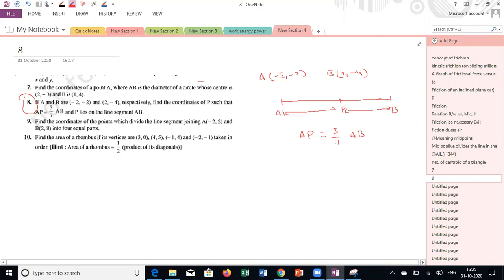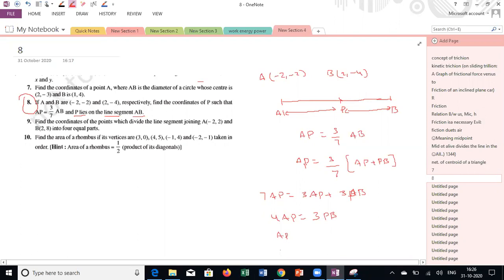Am I right? It is clearly mentioned P lies on the line segment AB. So AP is equal to 3 by 7 of AP plus PB. Cross multiplying, 7 times AP is equal to 3 times AP plus 3 times PB. So 4 times AP is equal to 3 times PB.